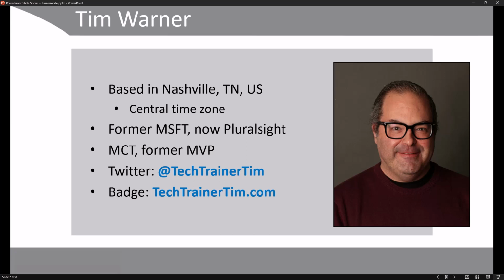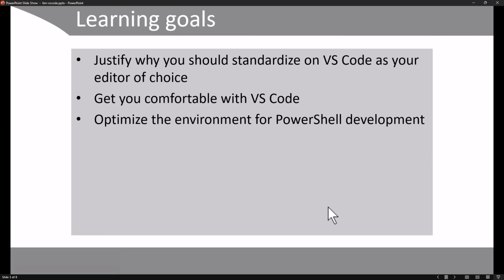All right, so we don't have a lot of time, and I have a lot that I want to share with you, so let's get to it. Three learning goals for you here. First, I want to briefly justify why you should standardize on Visual Studio Code as your code editor rather than the Windows PowerShell ISE that's baked into Windows Server and Windows Client. We'll spend the bulk of our time with the second two bullet points, getting you comfortable with the application.